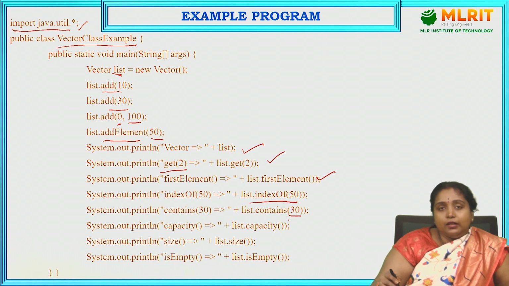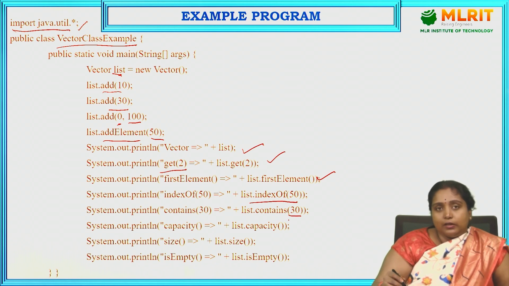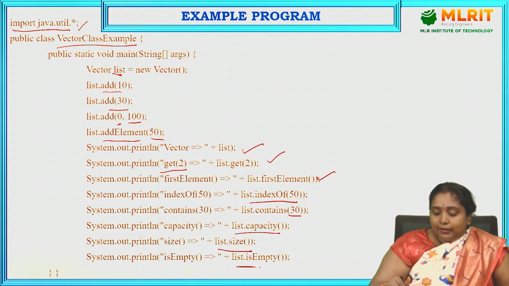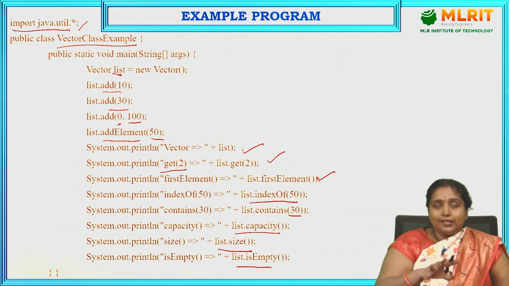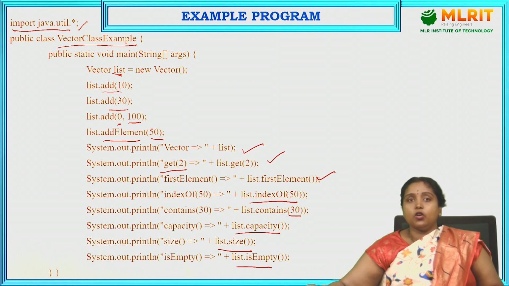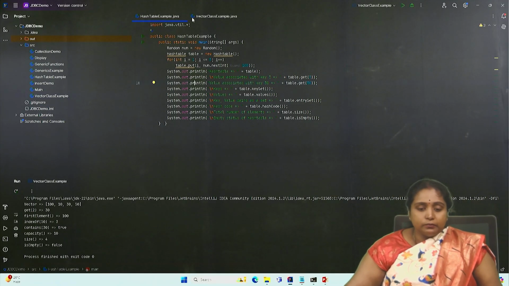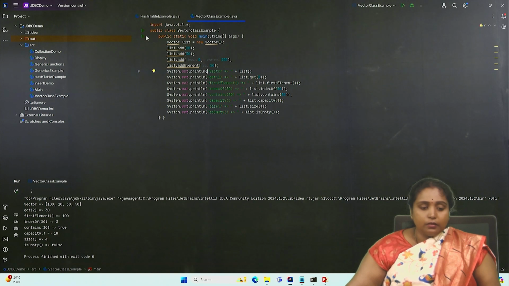If it is present, it will return you true, or else it will return you false. And what is the capacity of that particular vector, and what is the size of the vector, and isEmpty, whether the list or vector is empty or not. So let us do this program. So, this is my program.